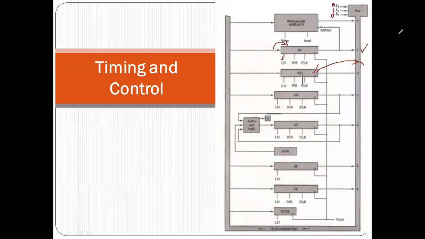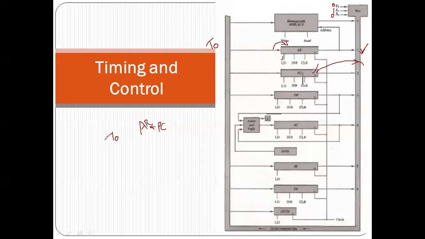So to do so, I require a common bus system. This happens in the first timing sequence, during the T0 state. During T0, the contents of PC are copied into AR. This should happen in the initial T0 state.